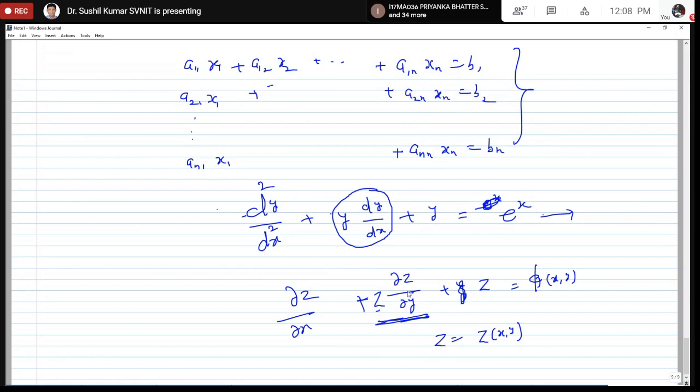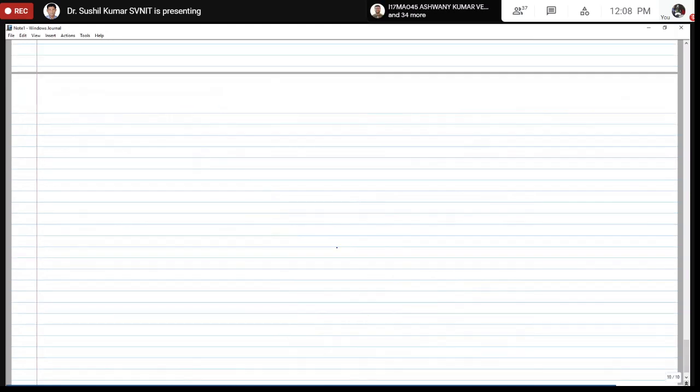So there is no need to write this long definition. Simply write: a partial differential equation is said to be linear if it is linear in the dependent variable and its partial derivatives. Partial derivatives, because we may have more than one derivative.